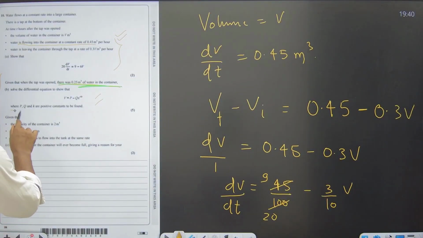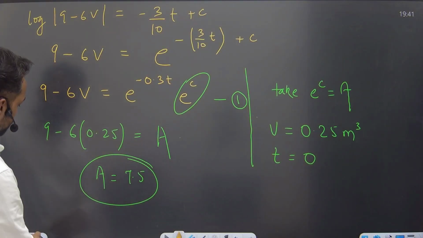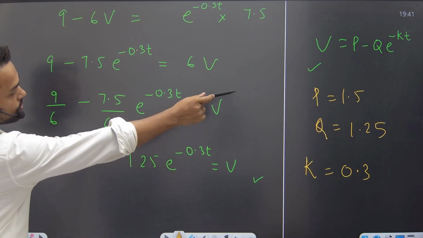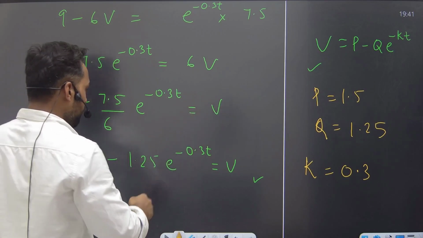So we have found the values of the positive constants, and all the values which we have found are positive in nature: p equals 1.5, q equals 1.25, k equals 0.3.